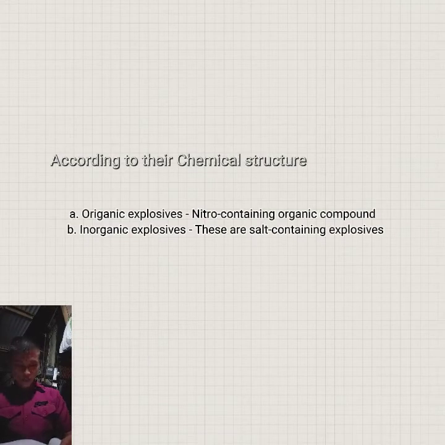According to their chemical structure, there are two types of high explosives: organic explosives and inorganic explosives. Organic explosives are nitro-containing organic compounds, and inorganic explosives are salt-containing explosives.